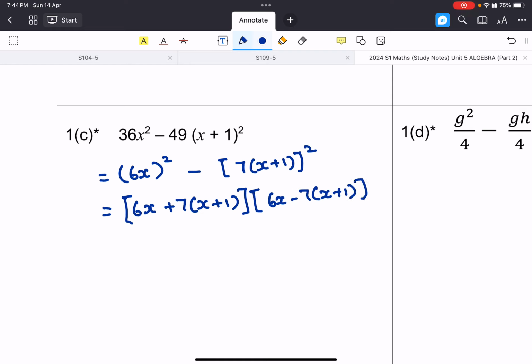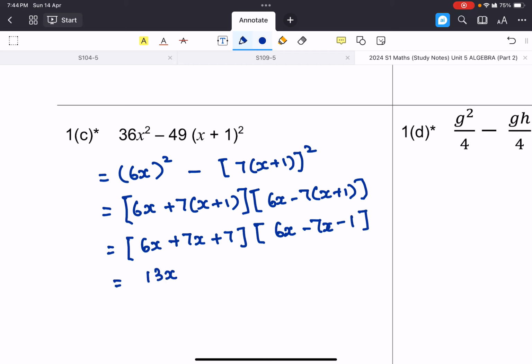Using the special identity, then we simplify as much as we can. 6x plus 7x plus 7. On this side, it is 6x minus 7x minus 1. We end up with 13x plus 7 multiplied by negative x, negative 1.